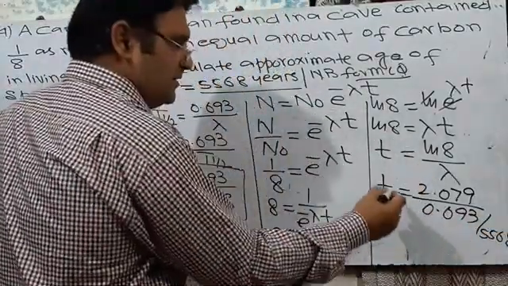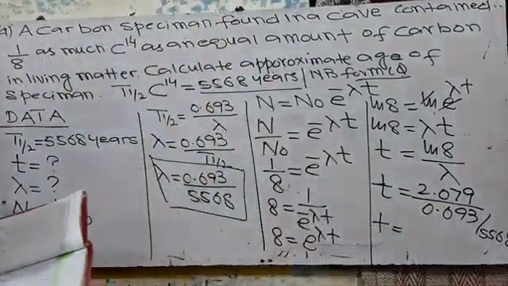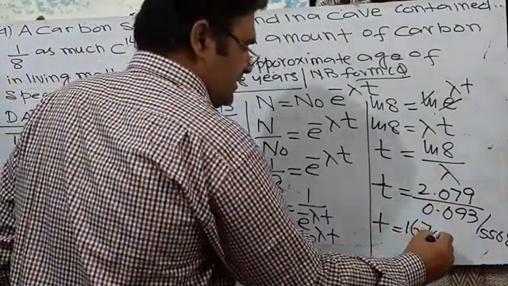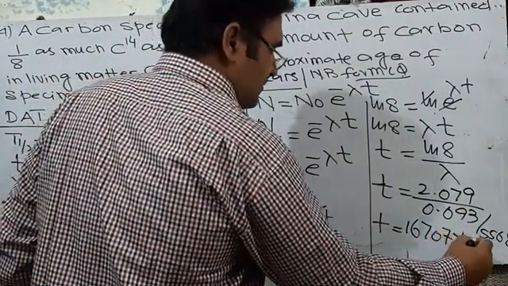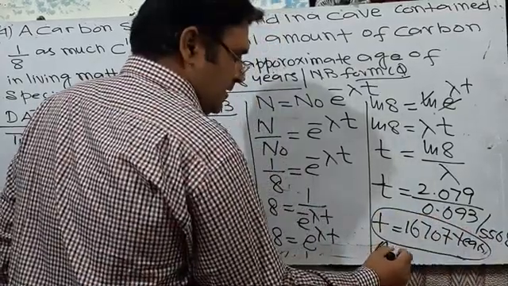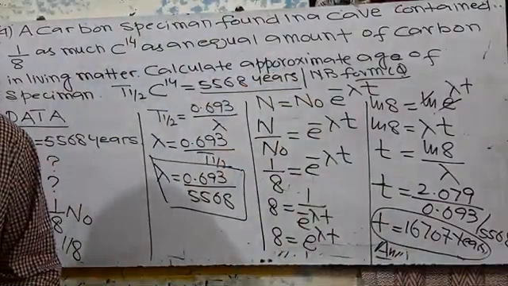When you solve it, the final answer will be about 16707 years. This is the age of the dead specimen. This is the answer. Hope you understand my lecture. Thank you very much.